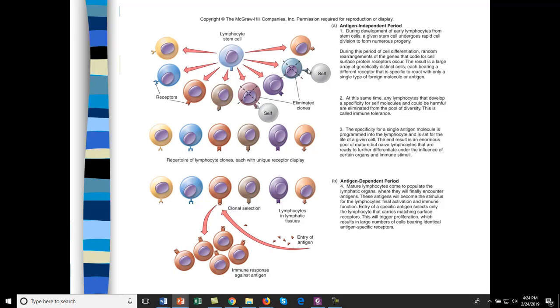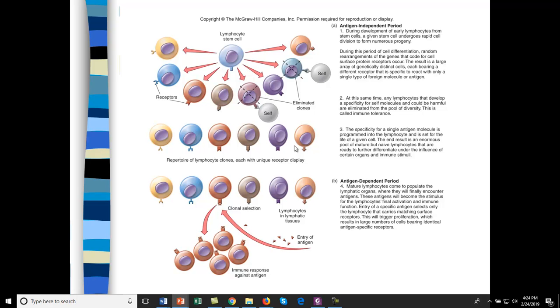When these handshake with self, they're deleted. So if you get a reaction with major histocompatibility complex 1 and they're interacting with self, then these forbidden clones are eliminated. So what exists and what survives are only clones of B cells and T cells that are for antigens that are non-self.